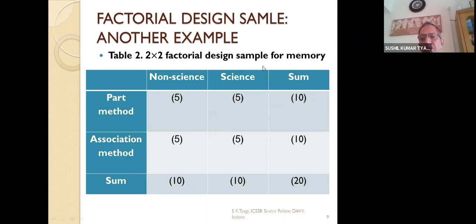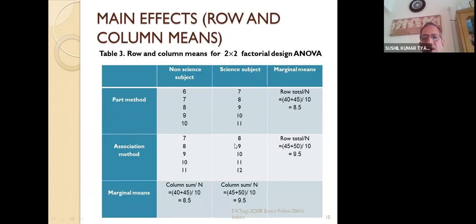Now we go to the details. We have 5 students. Let us suppose that their scores are like this. The scores of the 5 students are 6, 7, 8, 9, 10. These are memory scores of non-science subject students taught through the part method.